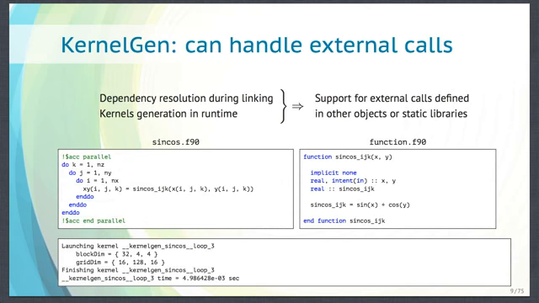By external calls, I mean the ability of the compiler to generate GPU code from loops which are essentially the same as seen in the simple examples, but with calls to external functions which are defined in a different compilation unit.